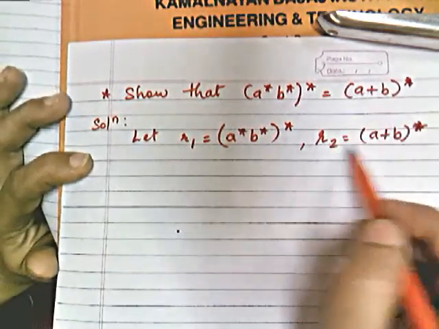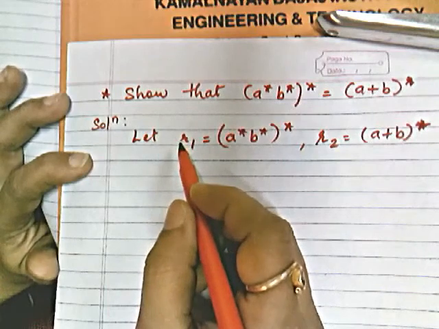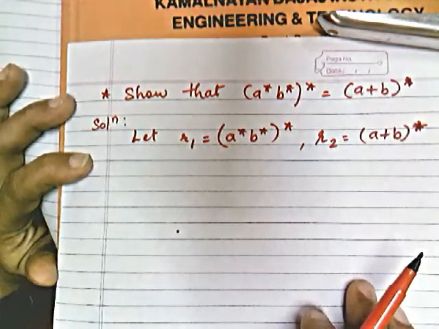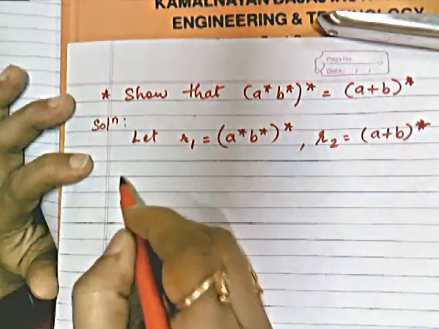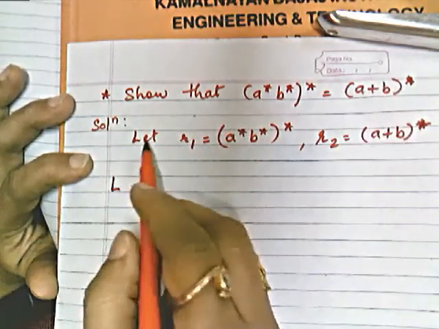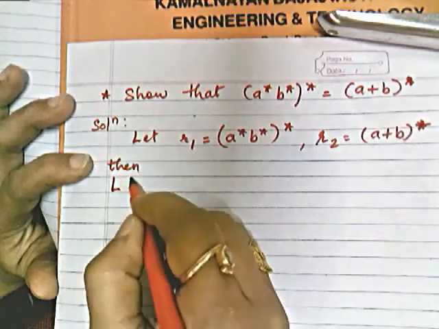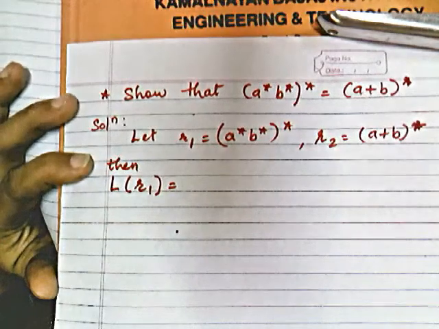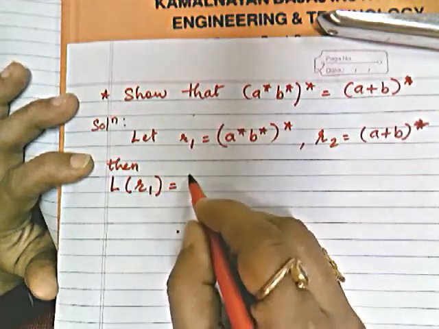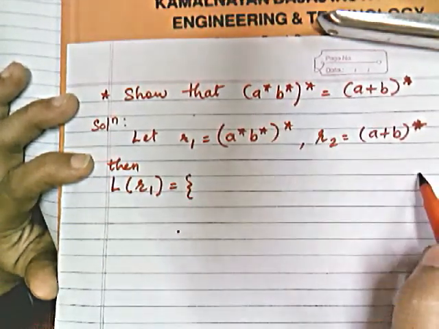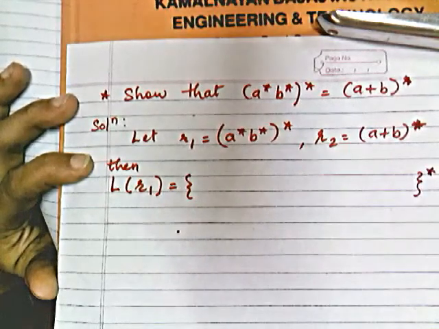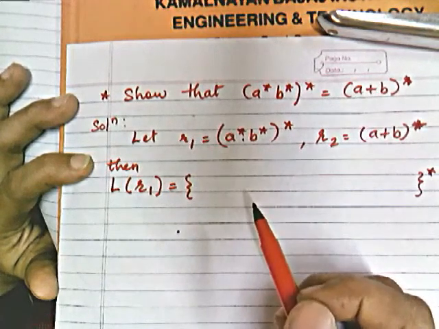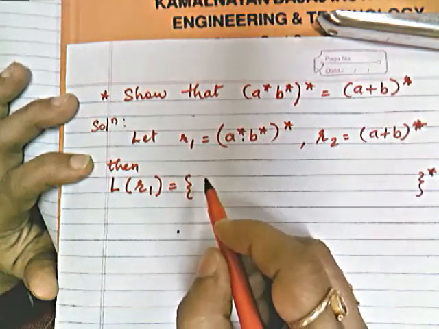So here, one by one, we will try to express the languages of these regular expressions. So let then L(R1) be equal to, what will be L(R1)? Since there is a star, I need to have a star, and then there is a dot b star. So a* . b* will be what?